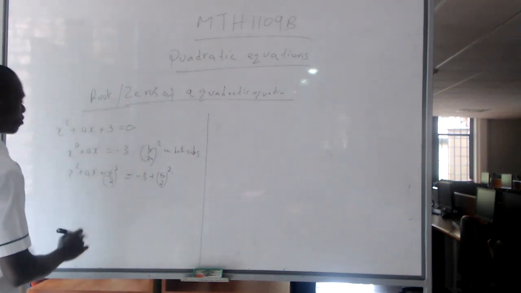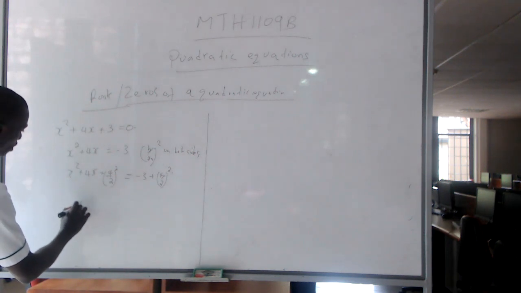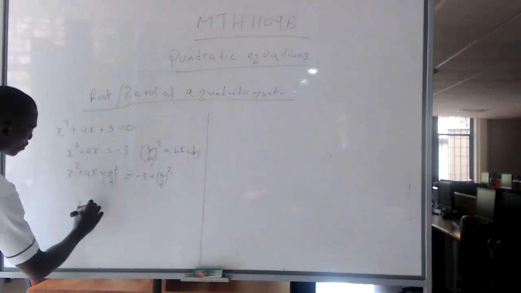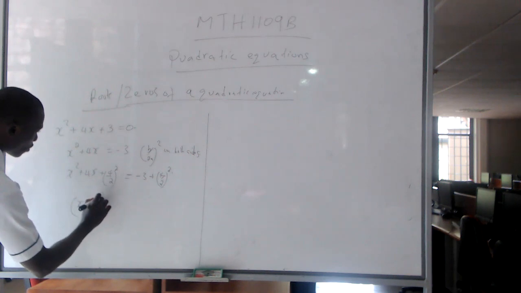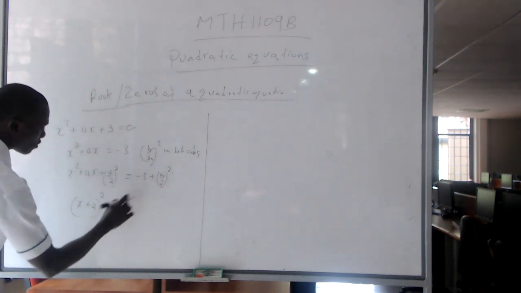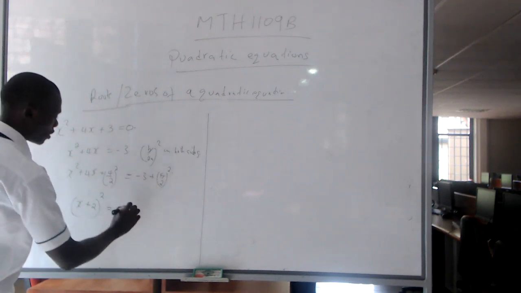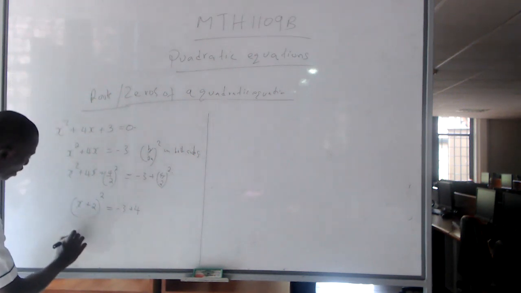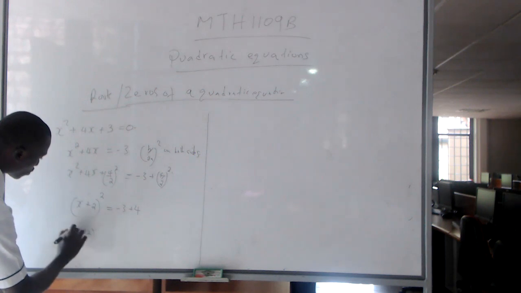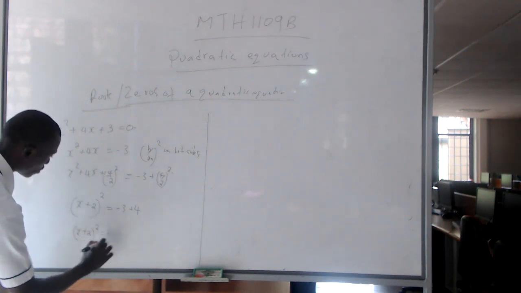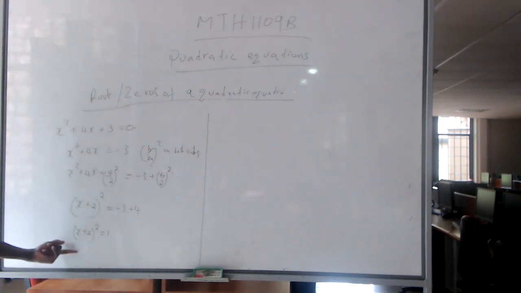But I know that this should be (x plus 4 divided by 2) squared, so (x plus 2) squared should be equal to minus 3 plus (4 divided by 2) squared, which is minus 3 plus 4. In other words, (x plus 2) squared is equal to 1, which is very easy to solve.